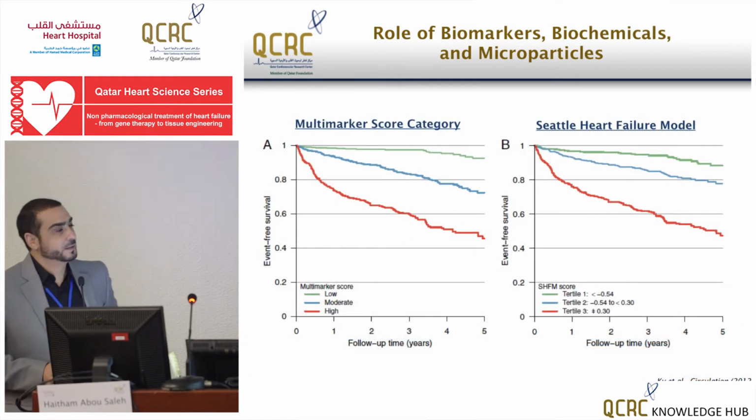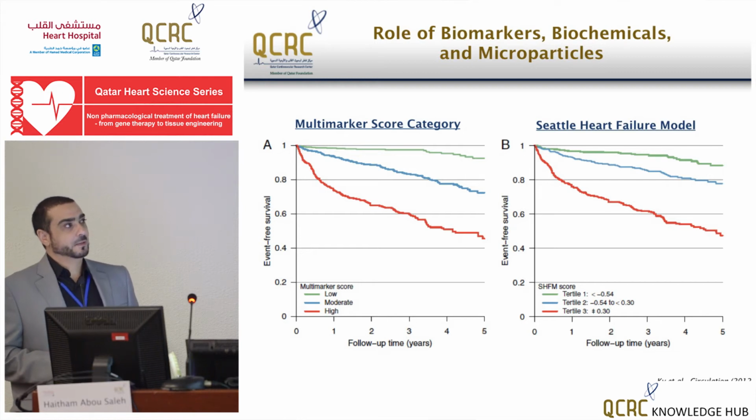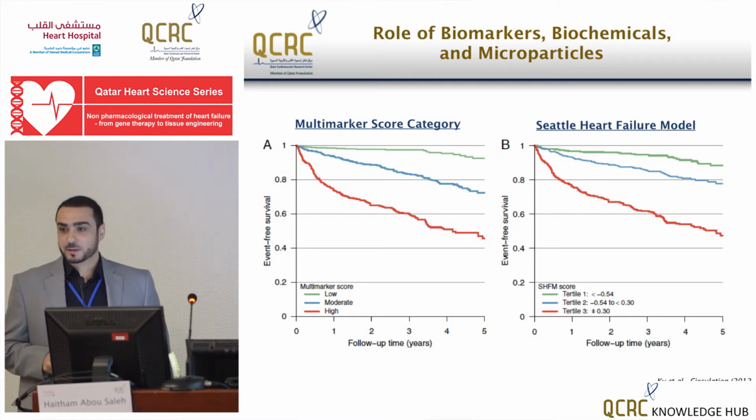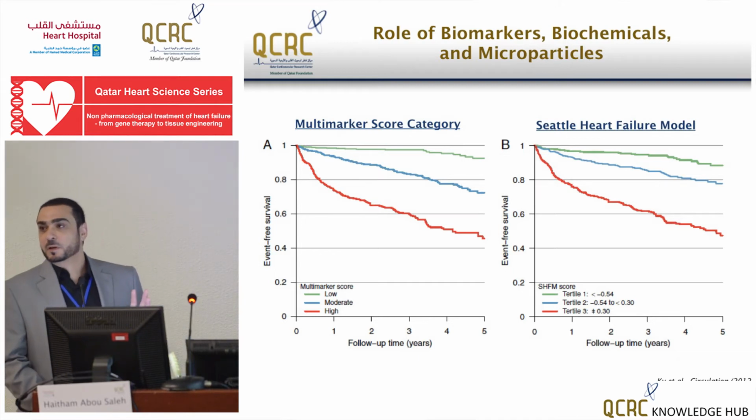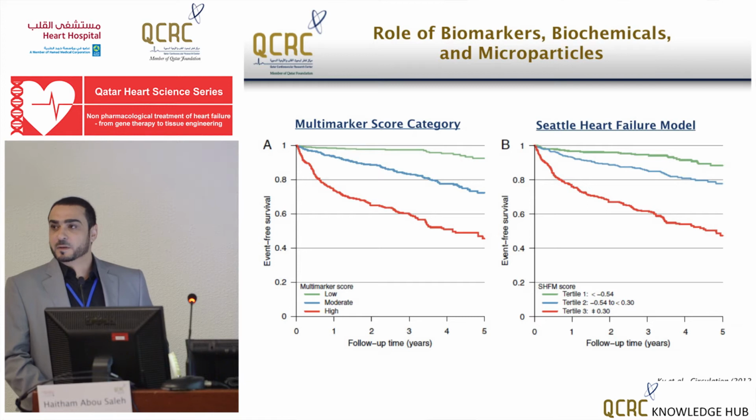In another study, looking at event-free survival in a multi-marker score category or in the Seattle Heart Failure Model, we found that a patient in the moderate to high tertile has also more chance to develop a cardiovascular event than a patient in the low tertile. So here also I would highlight the importance of a multi-marker strategy in the risk stratification of patients with heart failure.